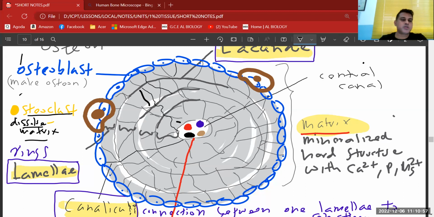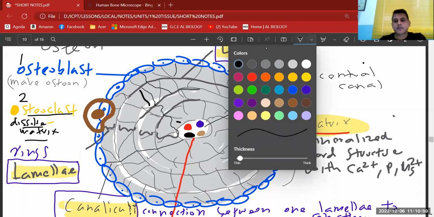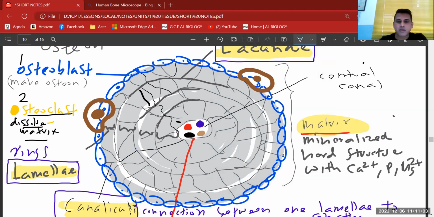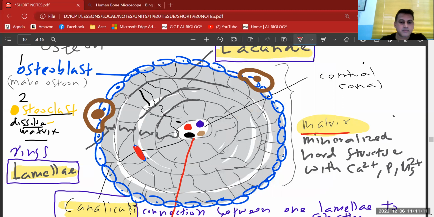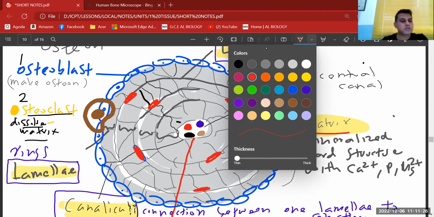So one, two, and the third type of cells we can find randomly in the area of the lacunae. These are the cells we can find inside the lacunae. This third type is called osteocyte.